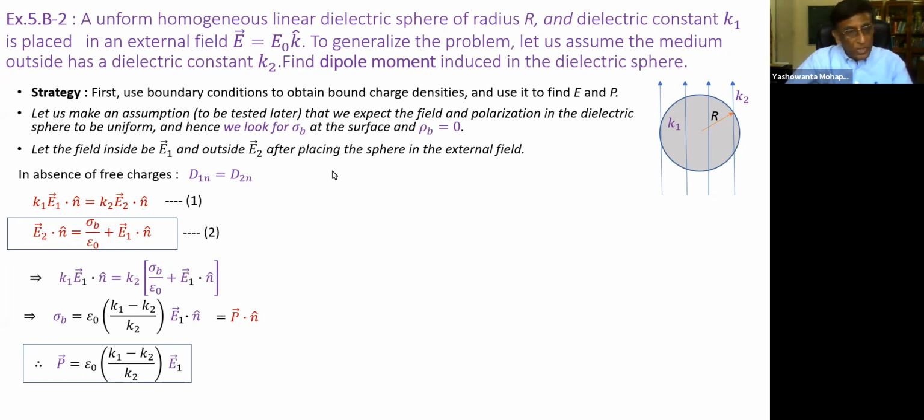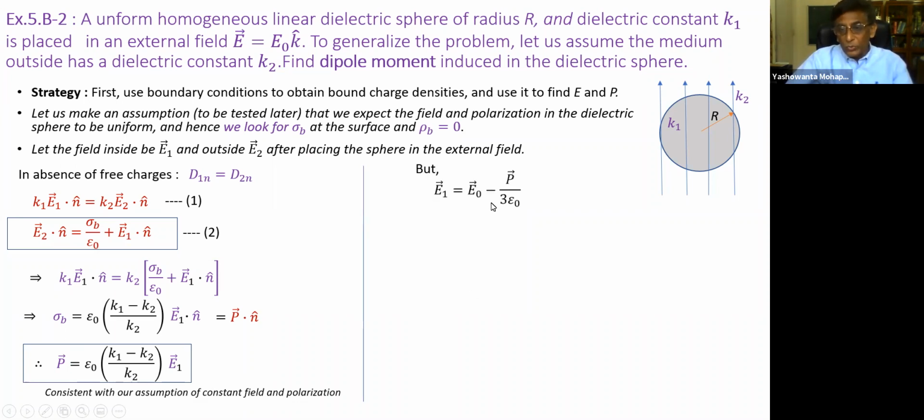So once I know P, the first thing, let's note that this is consistent with the assumption of constant field and polarization. So polarization is constant. And let's work it out. E1 inside is E naught minus P by 3 epsilon naught.